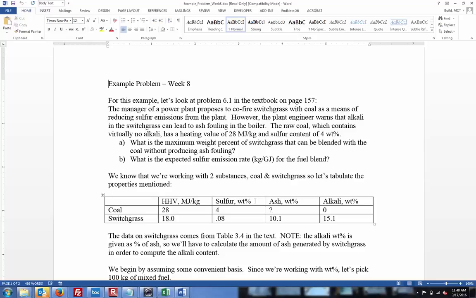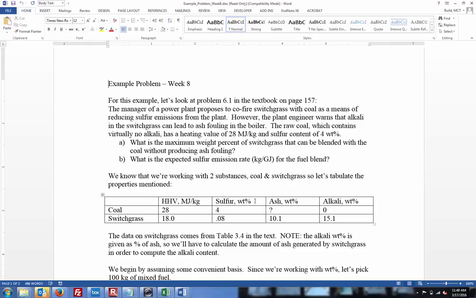Okay, so page 157, problem 6.1. Manager of a power plant, co-fire switchgrass with coal, there we go, as a means of reducing sulfur emissions from the plant. However, the plant engineer warns that alkali in the switchgrass can lead to ash fouling in the boiler.